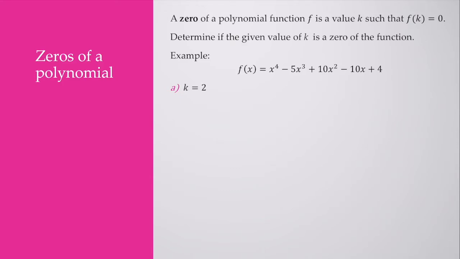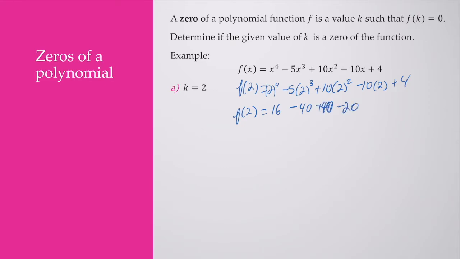This was the polynomial that we were looking at in the last example. Now I want to determine if k equals 2 is a factor. f of 2 is 2 to the 4th minus 5 times 2 cubed plus 10 times 2 squared minus 10 times 2 plus 4. So f of 2 is 16 minus 40 plus 40 minus 20 plus 4.